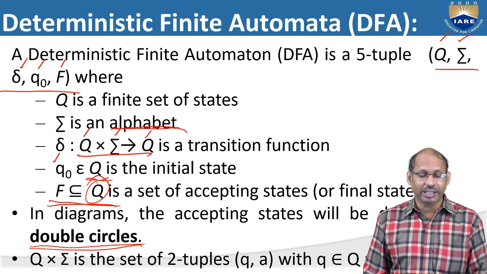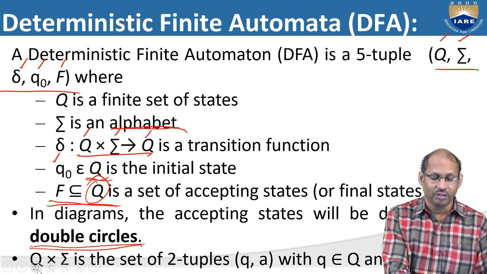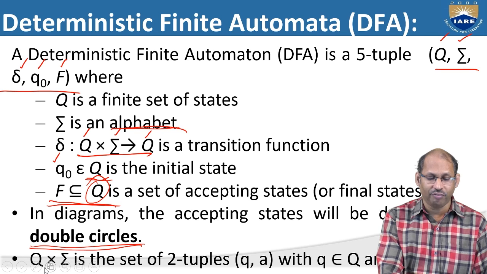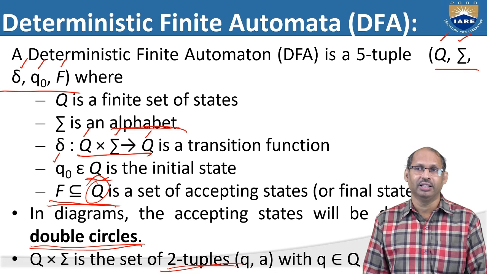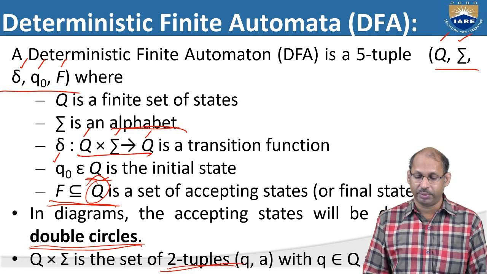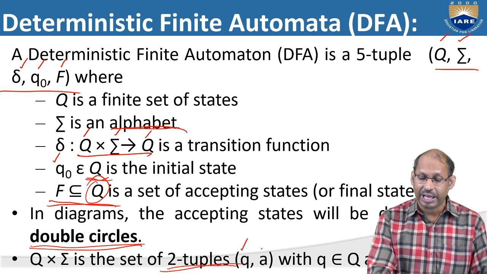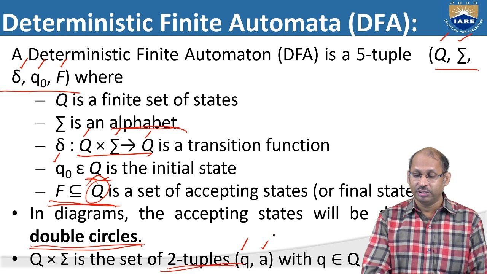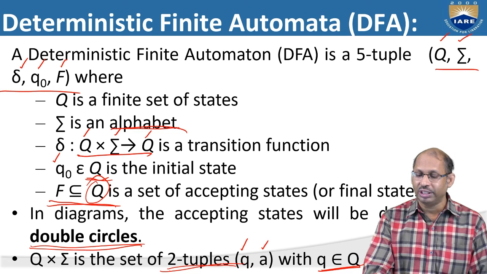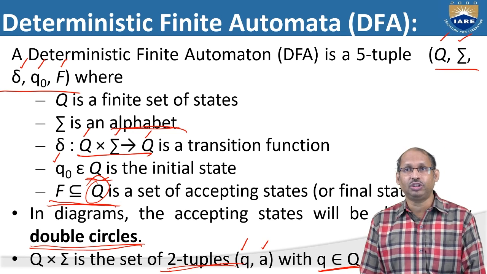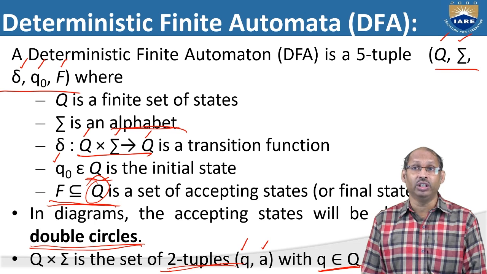We represent this Cartesian product of state and input alphabet as a 2-tuple, a state followed by an input alphabet. Q belongs to the set of states, and a belongs to the input alphabet, and this results in one and only one transition and only one output state.